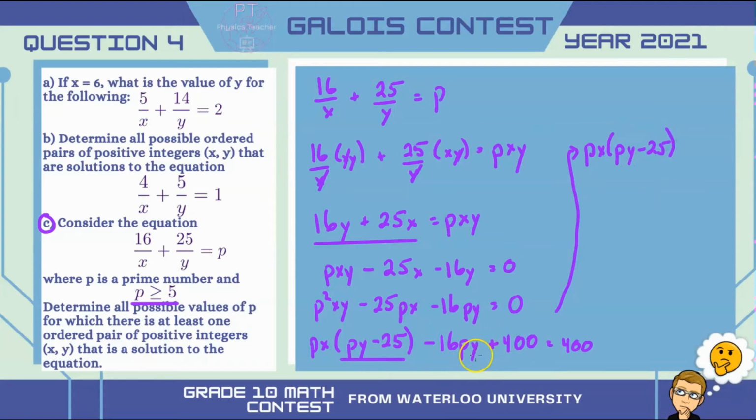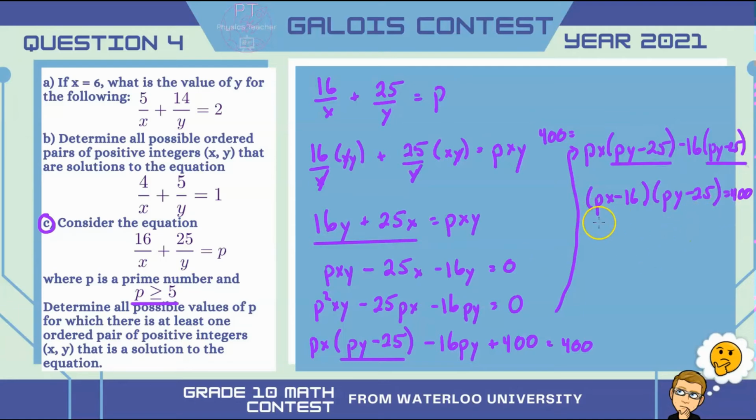And then here I can pull out a minus 16, which is going to give me py minus 25 again. And that's all going to equal, I'm going to put it on this side because I've run out of room, 400. Alright, so I have the same factor here, py minus 25. So I can pull that out and I'm going to be left with px minus 16 times py minus 25, and that is going to equal 400.